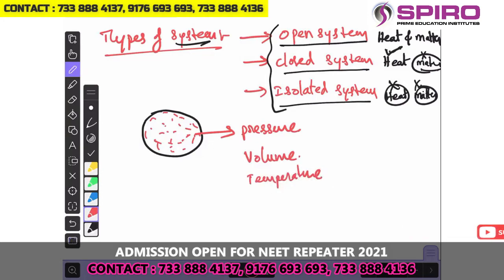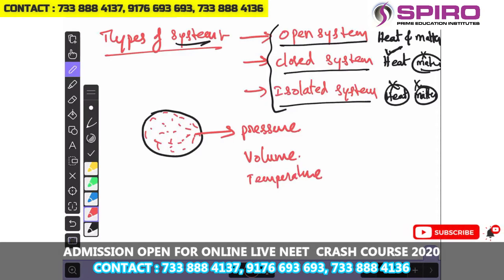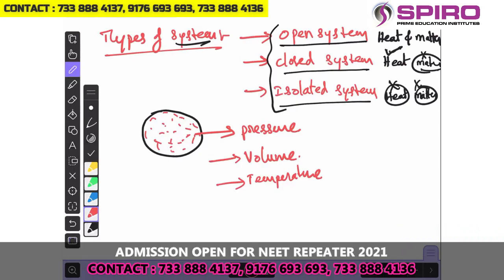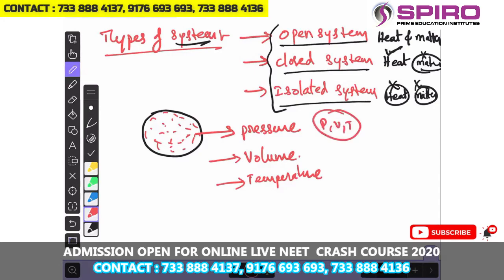So what is the pressure, what is the volume, what is the temperature, and what is the internal energy as well? Of course, internal energy is a pure function of temperature. That's why I'm not specifying that as a different parameter to state the status of the system, right? So depending upon PVT, you can say in what condition the system is.